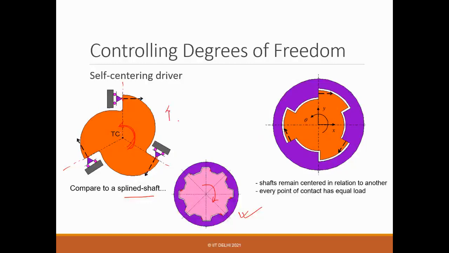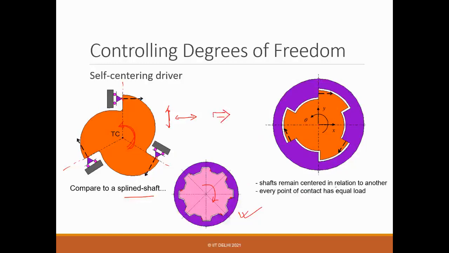It cannot go up and down, but it's centered here all the time, only one point. So if you really want to design something with splines, 3 is good enough, just like this, with these surfaces intersecting at the center. And what you realize is that it is self-centering.